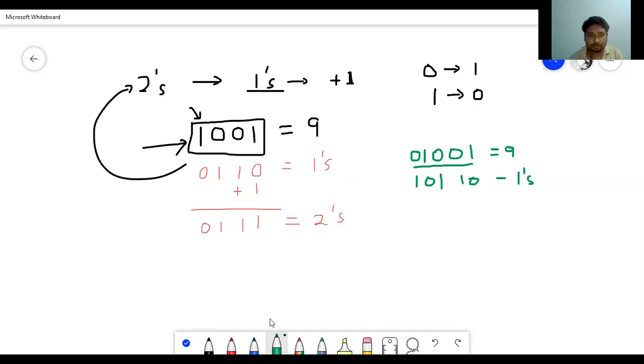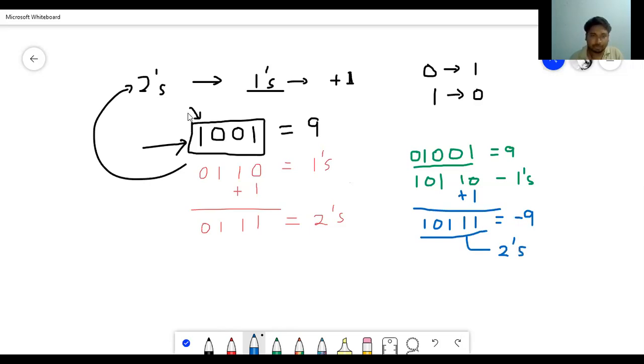Here, if I want to add 1 at the LSB side, then when I add it, the result will be 1 1 1 0 1. So this is the negative of 9, minus 9. This number represents negative of 9, and this number is the 2's complement number.